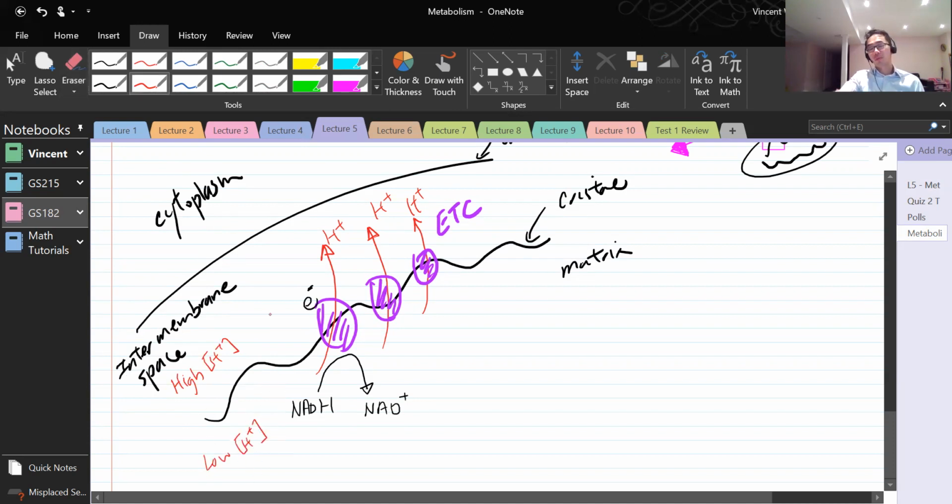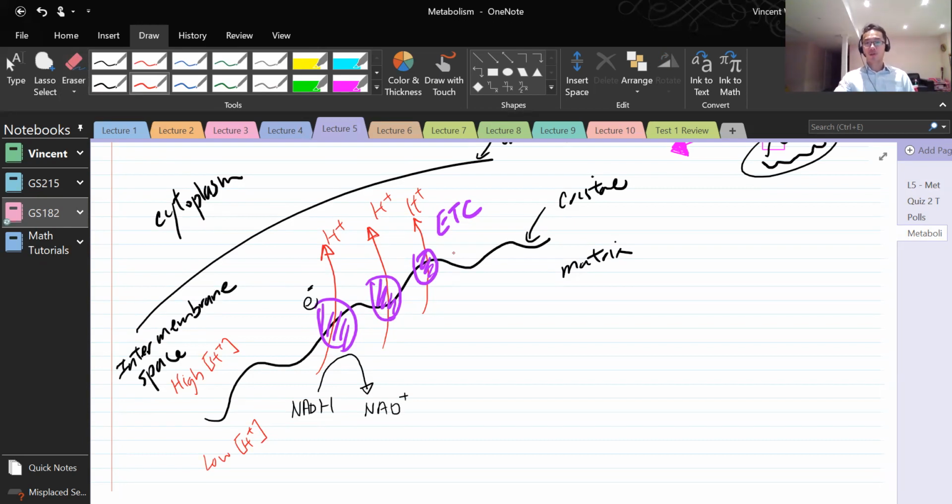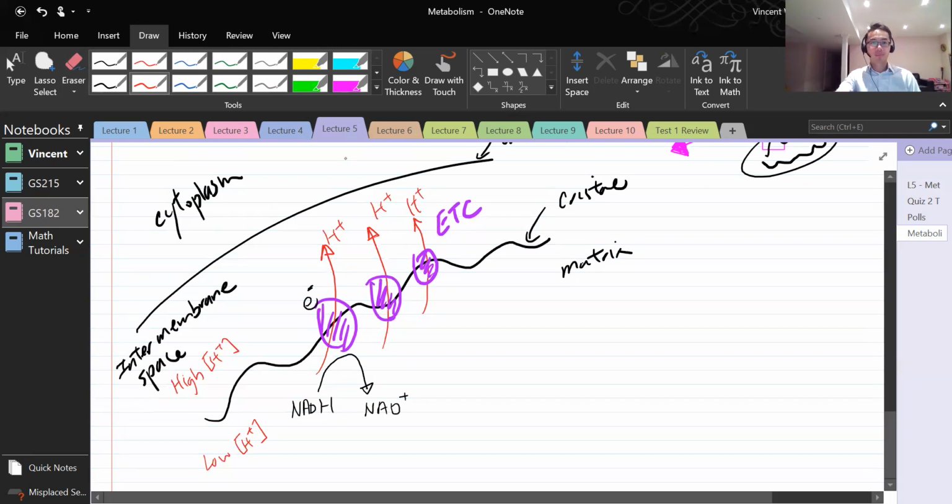As we learned from transport, we know things will go from high concentration to low concentration. But it's not going to be able to come back in through the membrane because the membrane does not allow charged particles to go through, due to the hydrophobic nature of the phospholipid bilayer.